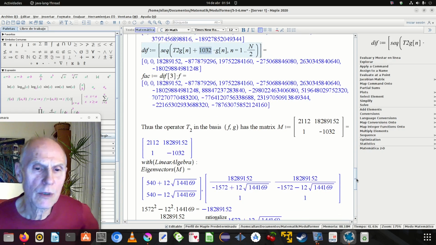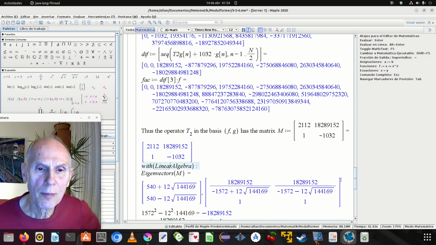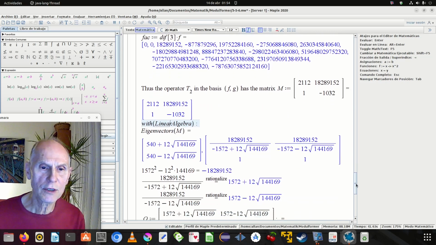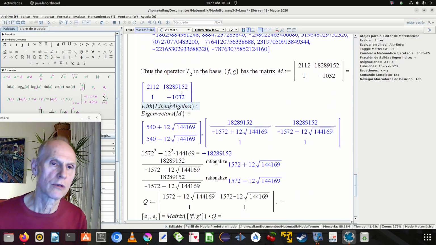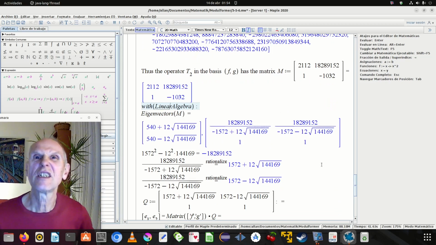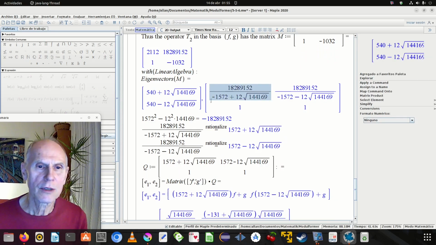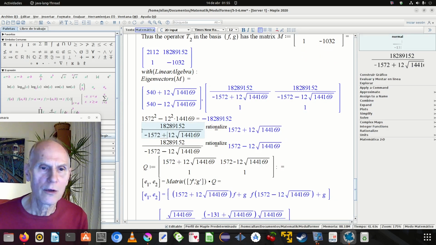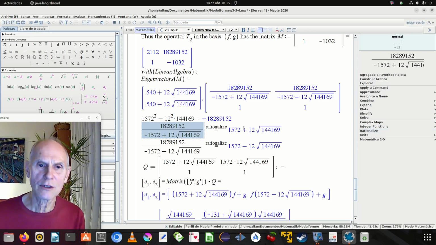And then it's just a question of finding the eigenvalues, and we have a linear algebra package to do that for us. And of course we could do it by hand, but that's tedious. This is not nice, but it turned out that there is an operator called rationalize that does the work.